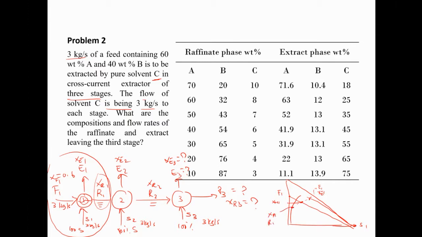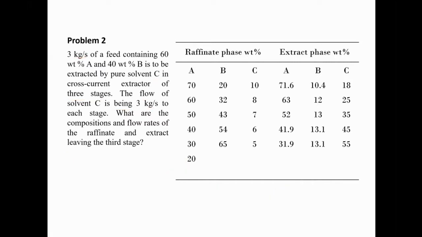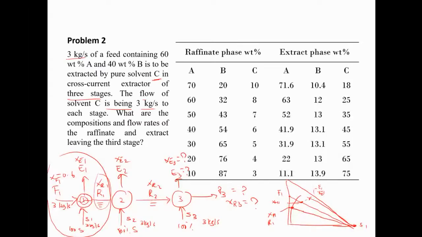Now this XR1 is going to be fed to the second stage, so I have to connect it with this line, and then I have to calculate XM2, and that will be XM2 here. I have to do trial and error until I get another tie line that is going to pass through this endpoint, and this one will be XR2, and I connect it to this one, and I find out the last XM3.